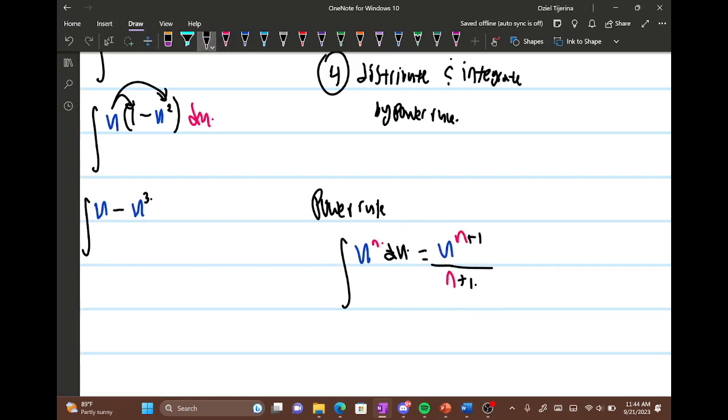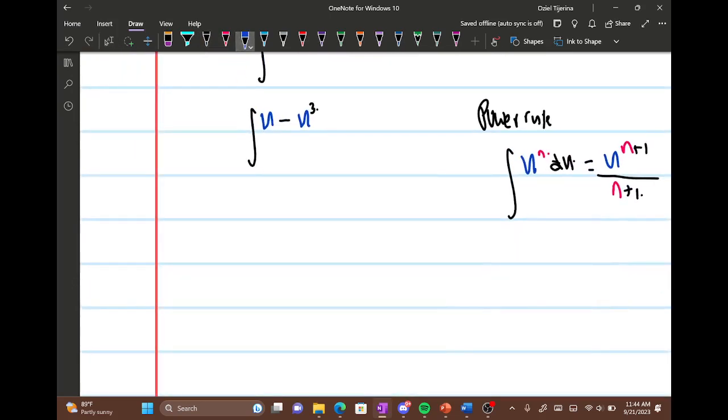Using this rule, we have u to the 2 over 2, because 1 plus 1 is 2, minus u to the 4th over 4.